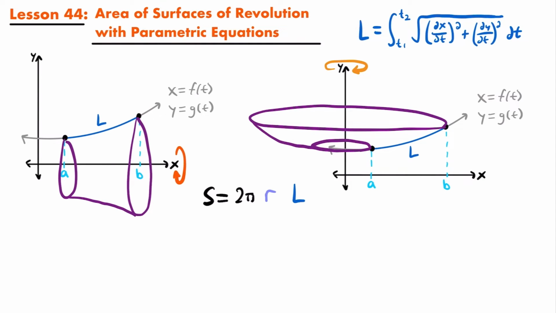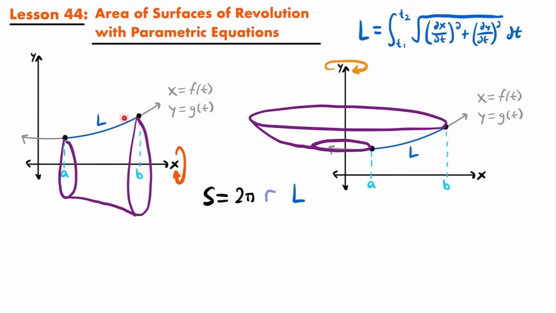The arc length is equal to the integral from some lower bound of t, t sub 1, to an upper bound of t, t sub 2, of the square root of dx dt squared. dx dt is the derivative of the parametric equation for x. And then we add that to dy dt squared, where dy dt is the derivative of our parametric equation for y. And then, of course, we have dt because we're integrating with respect to t. And so that is going to replace L in this formula. And so now all we have to determine in each case is what that radius will be equal to.